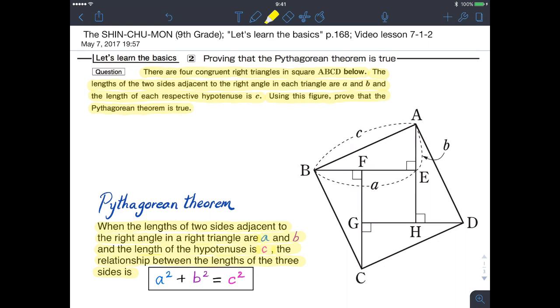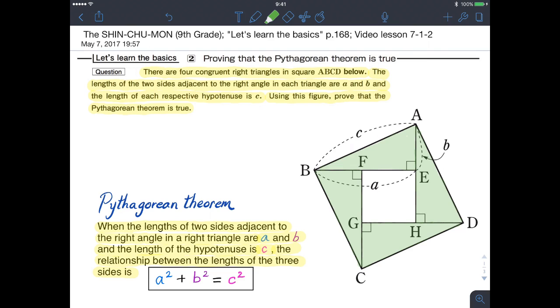Now let's take a closer look at the figure. This question tells us that each of these four triangles are congruent. That means that the lengths of their sides are equal and the measurements of their angles are equal.